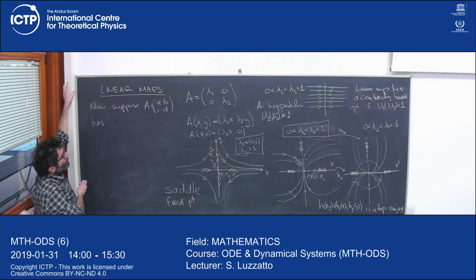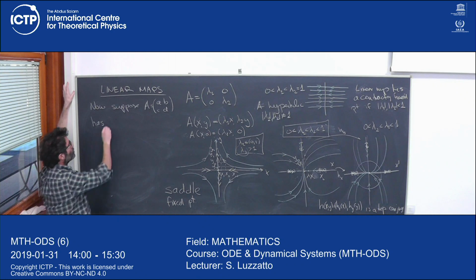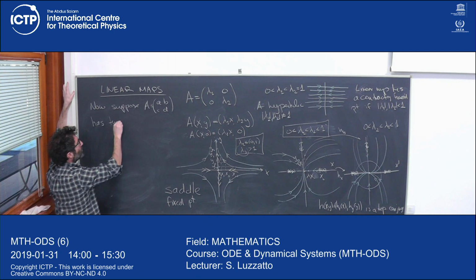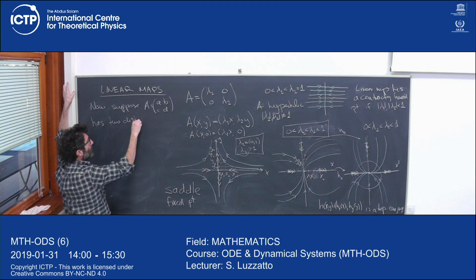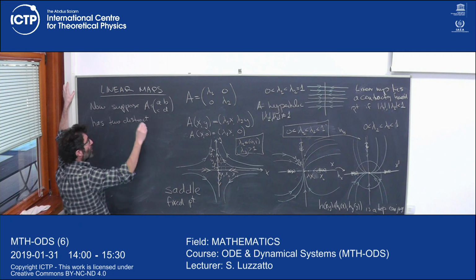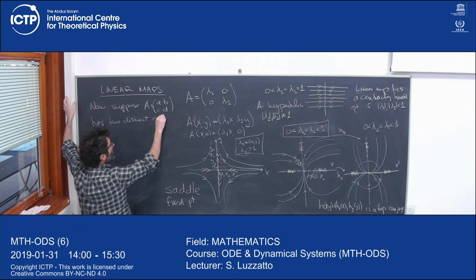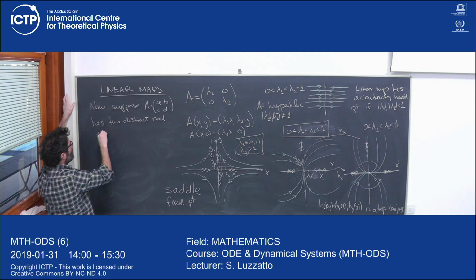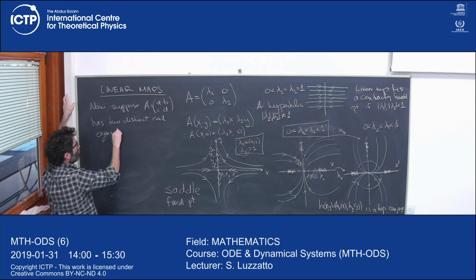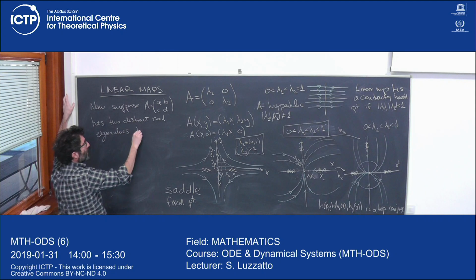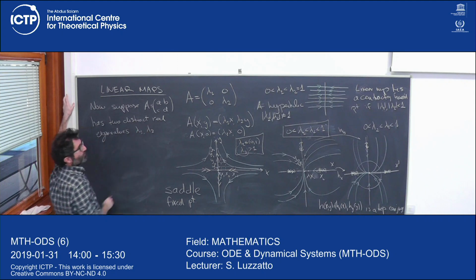Let's suppose for the moment that A has two distinct eigenvalues. These eigenvalues can be real or complex. Let's suppose distinct real eigenvalues, lambda 1 and lambda 2.